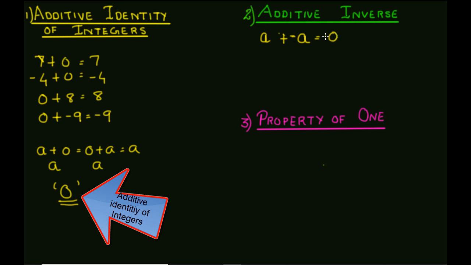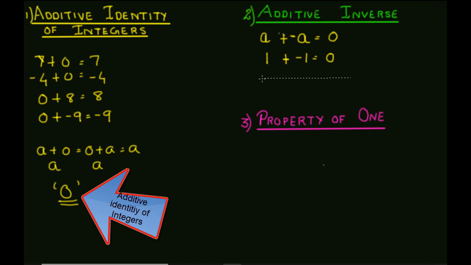The sum is 0. So basically, if you take the integer 1 and add it to its opposite, we get a 0. Let me show you a number line also, if you're confused about it.